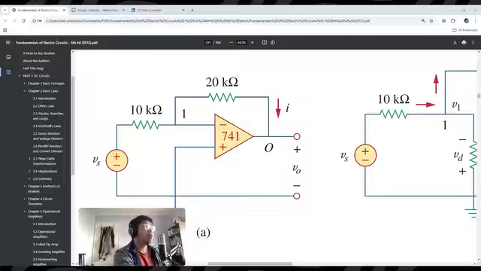Okay. And then we have a VDD over here and a VSS, plus 15 volts and minus 15 volts, to supply the voltage being sent in through VN.